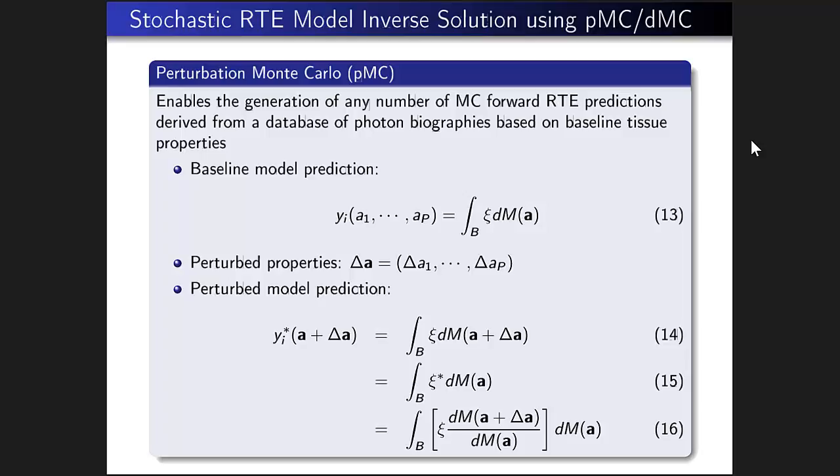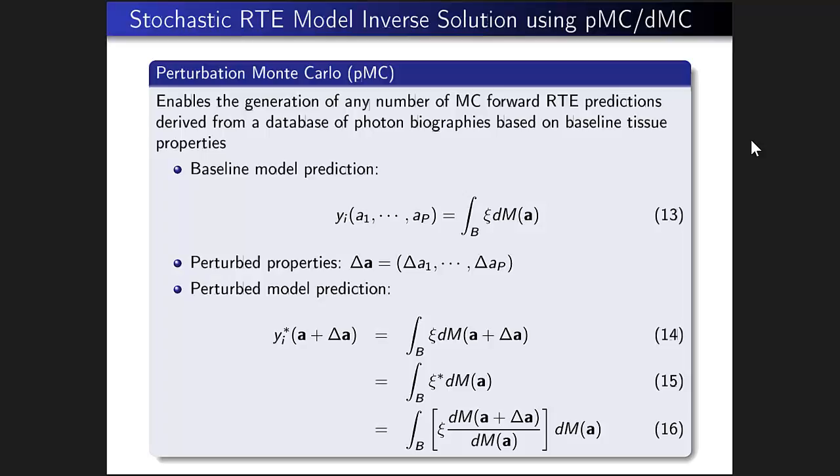There's some measure theory here, but suffice it to say that the random walk process, the determination of intercollision distances, angle deflection, and such, are based on the optical properties of the background or the baseline.